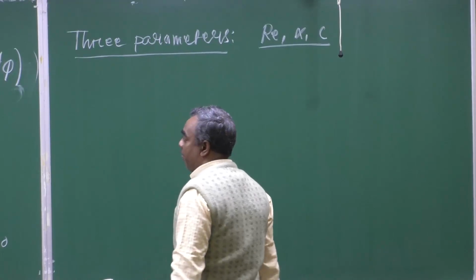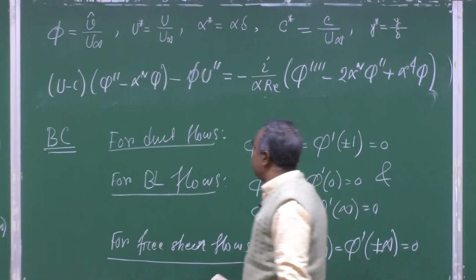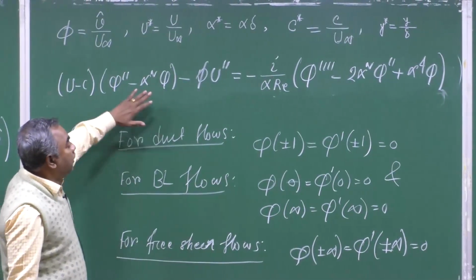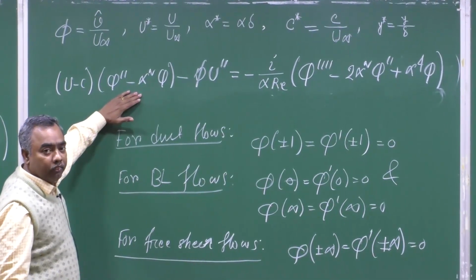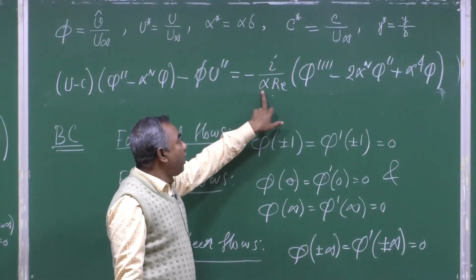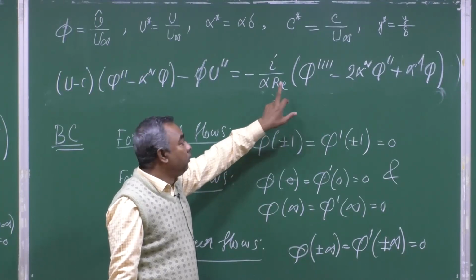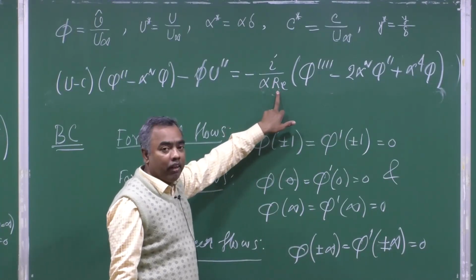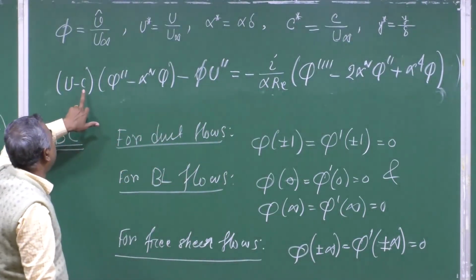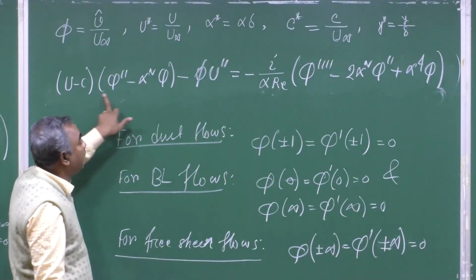Now, you see in this particular equation, how can we get the solution of this equation? Let us say for a given alpha value and RE value, we will try to find the solution such that this equation is satisfied.